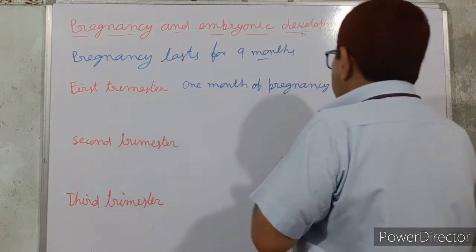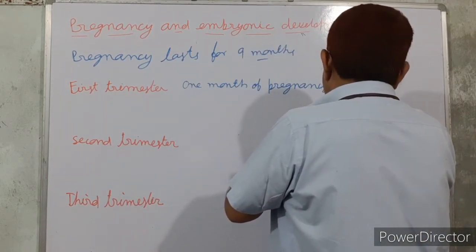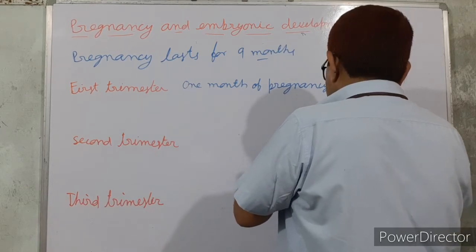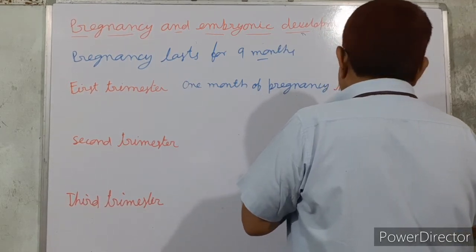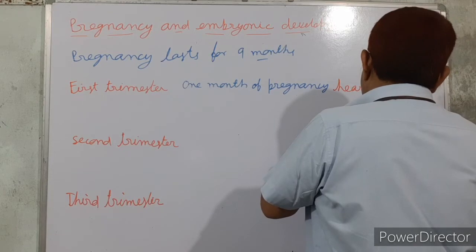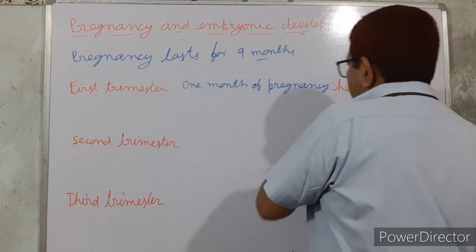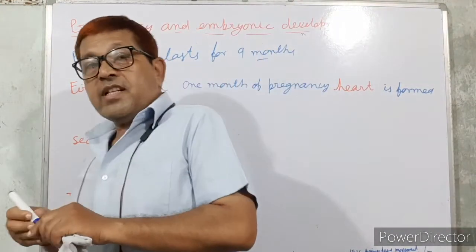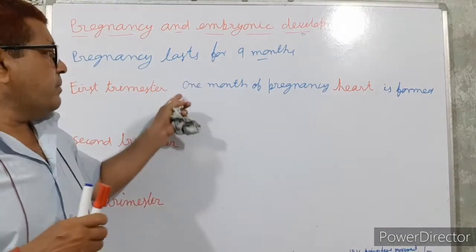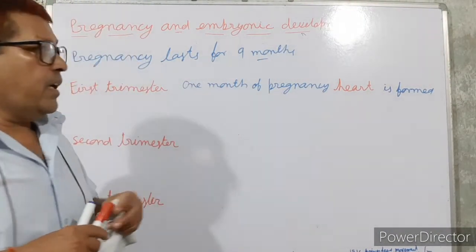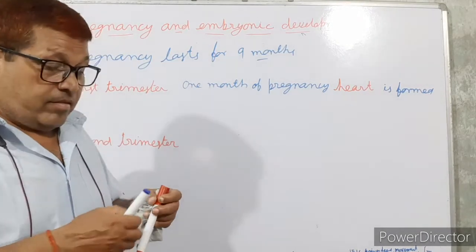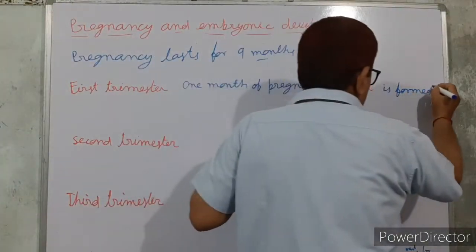After 1 month of the pregnancy, heart is formed.